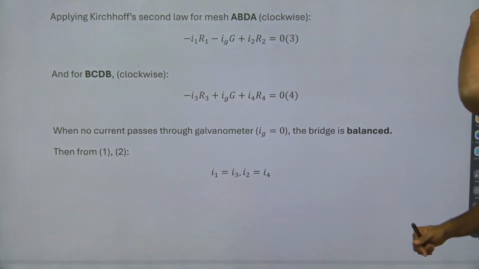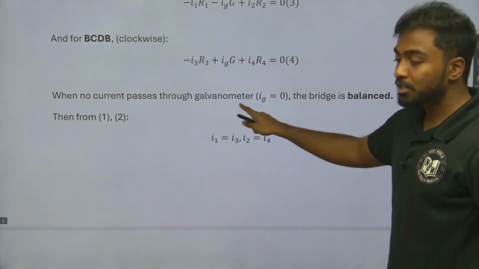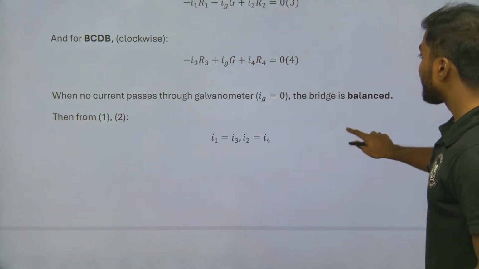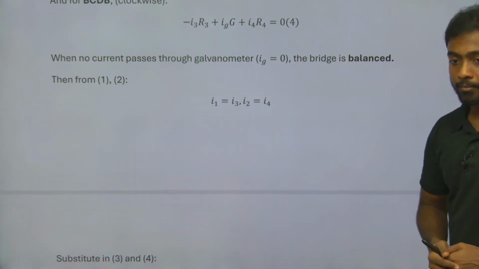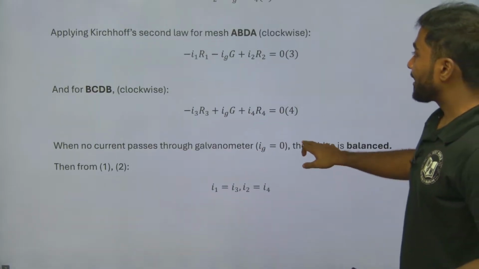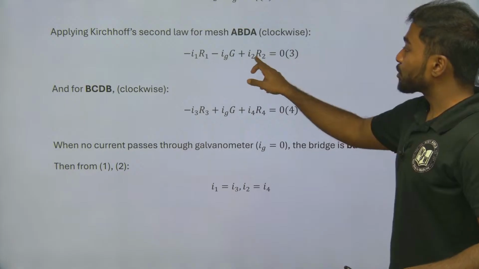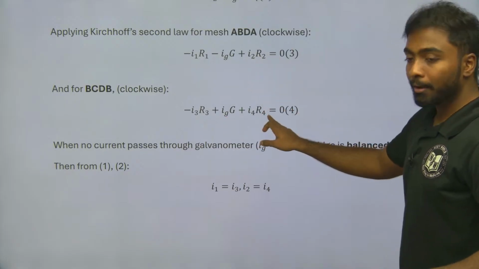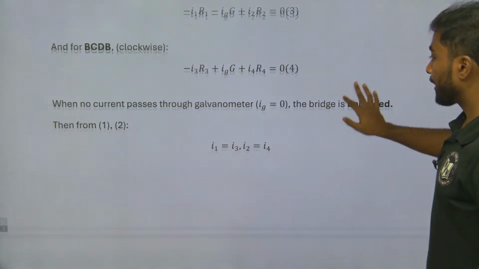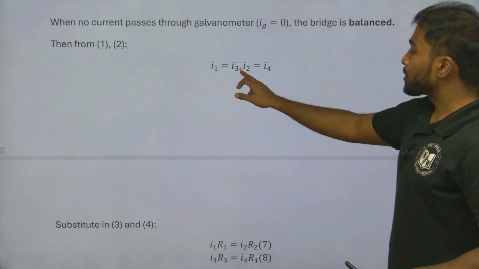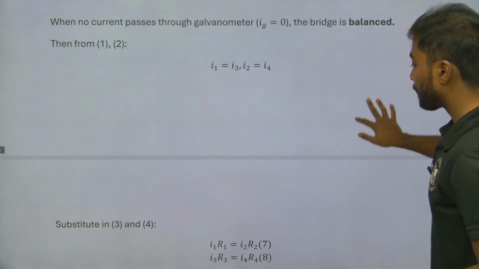When no current passes through the galvanometer, which means Ig is equal to 0, the bridge is balanced. So I1 R1 will be equal to I2 R2, and I3 R3 will be equal to I4 R4. Also I1 will be equal to I3, and I2 will be equal to I4.